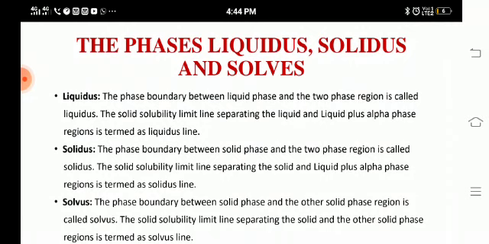In this lead tin system, the boundary between the solid and liquid plus alpha phase region is called the solidus. What is solvus? The phase boundary between a solid phase and another solid phase region is known as solvus. In this case, the solid solubility limit line separating the solid and other solid phase regions is termed the solvus line.